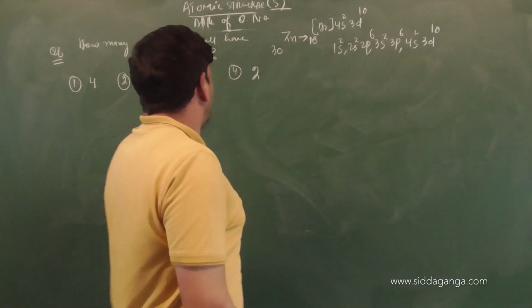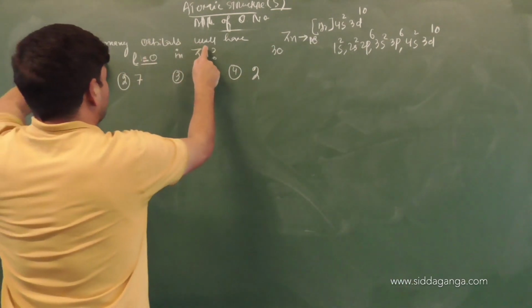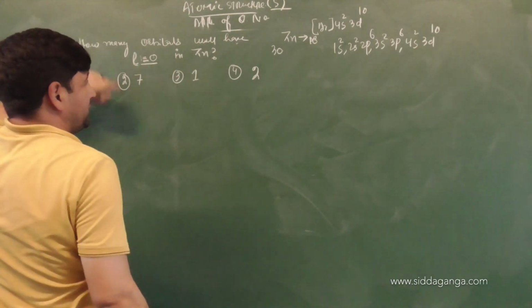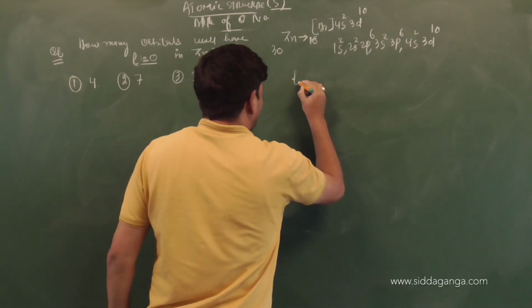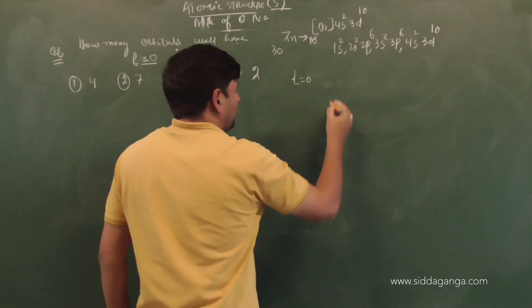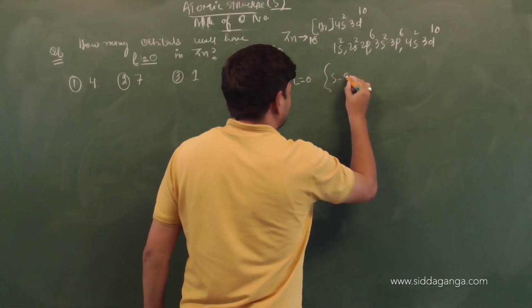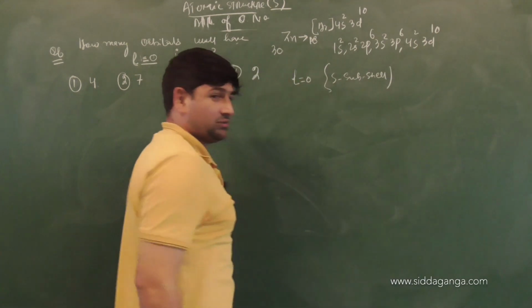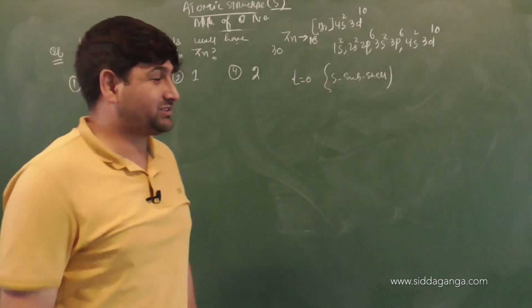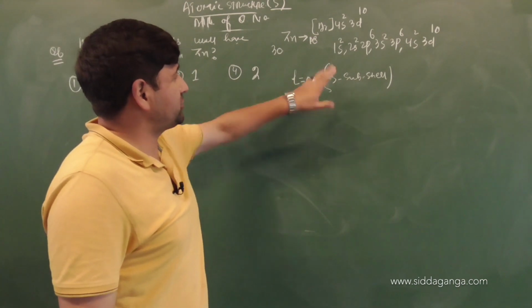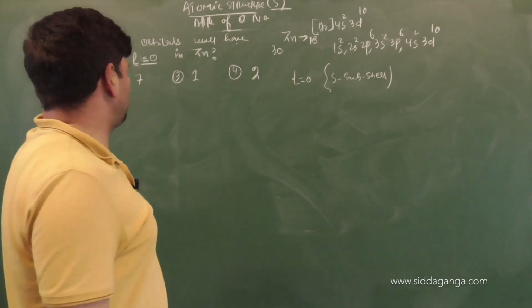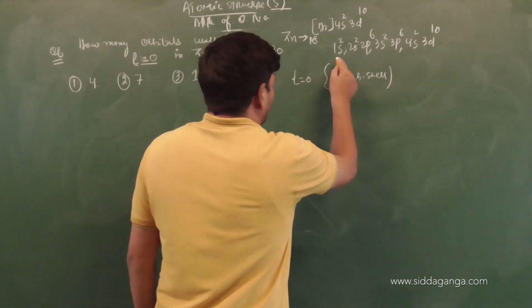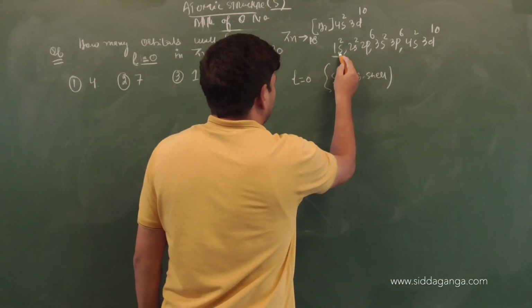Correct? Our question is for how many orbitals will have L value equal to 0, right? So children, when L value equals 0, we are talking about the S subshell. Correct or not? Which subshell are we talking about? S subshell. Now have a look here. 1s2, what is the L value for this?